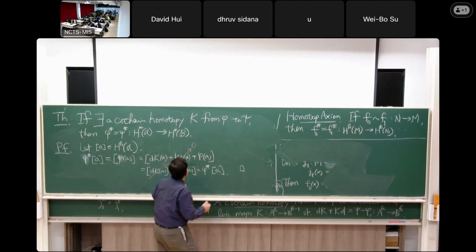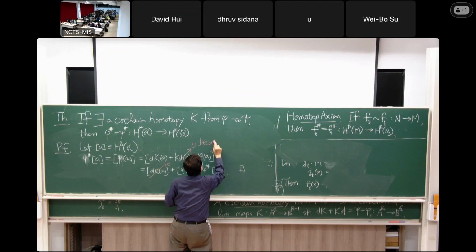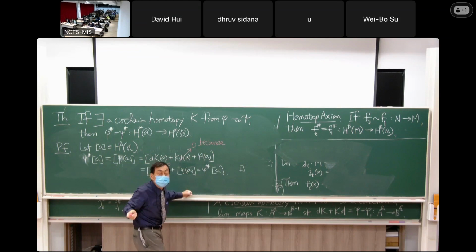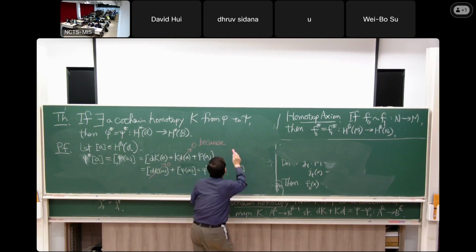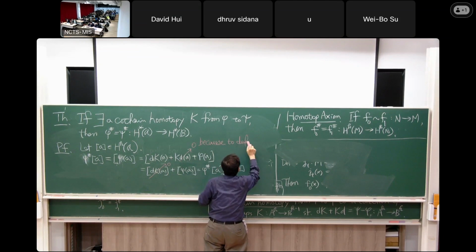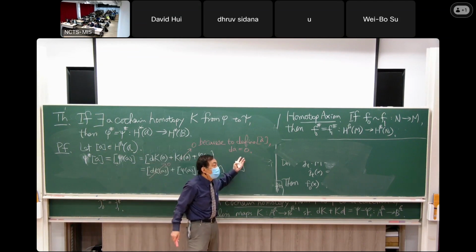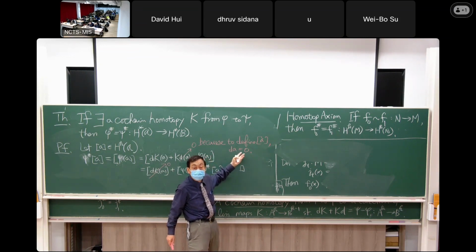So this term is zero because to define a cohomology class, dA has to be zero. By definition, cohomology is co-cycles over co-boundaries. And so to have a cohomology class, you have to begin with a co-cycle, and that means dA is zero.